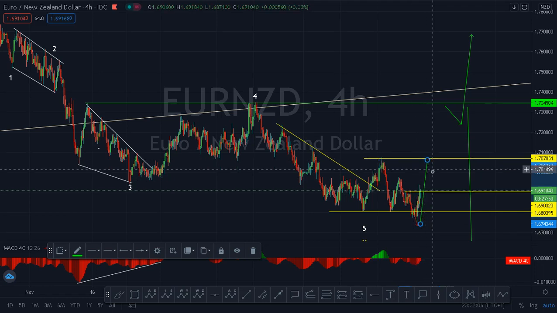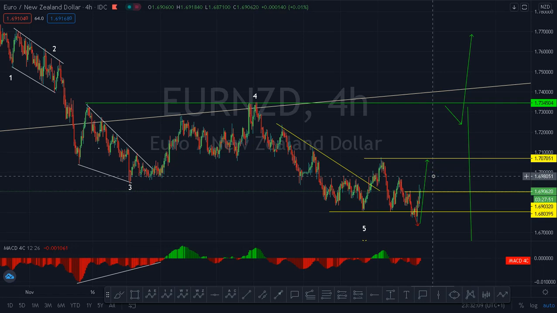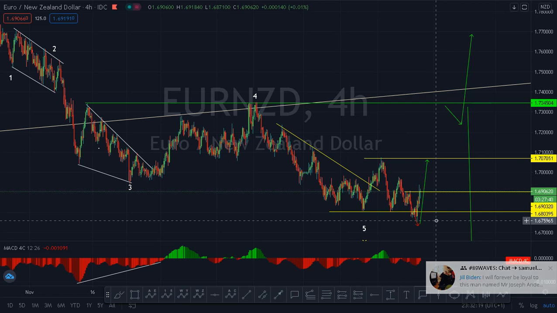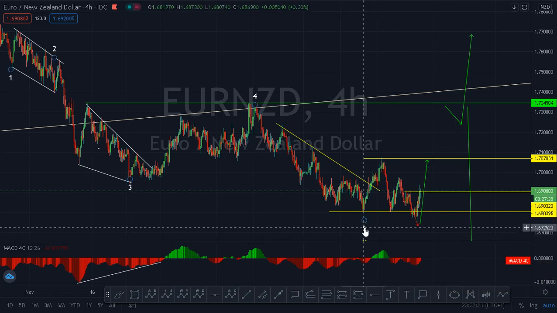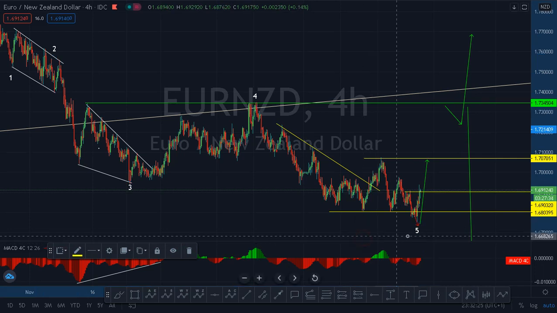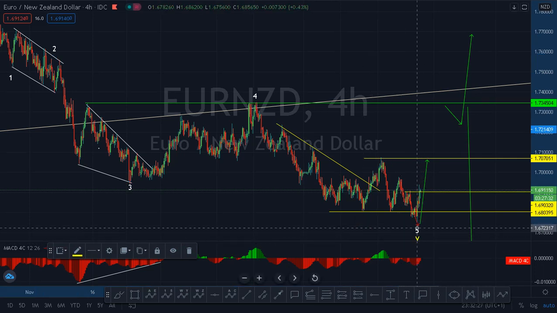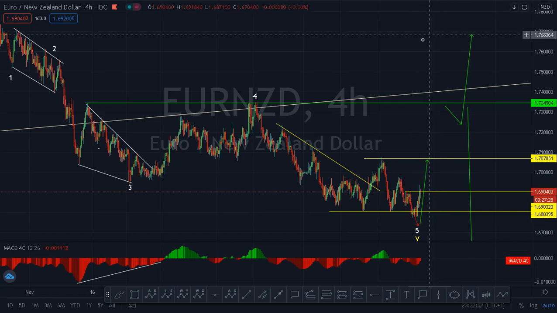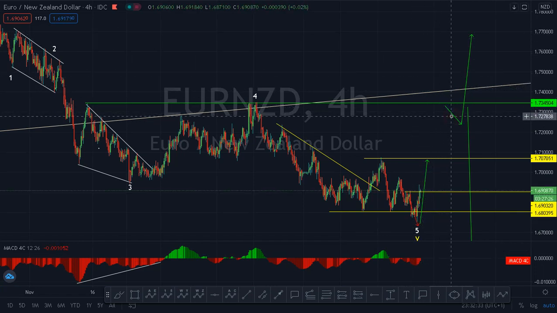If you bought this pair, my advice for you is that a stop loss will be here, while you take your profit here, because it can come here and it can come here and go and return back. So don't be greedy. If you bought the pair, it's good that you bought it, but don't think that you will take that. Sure, it will go up very well, but it may delay.